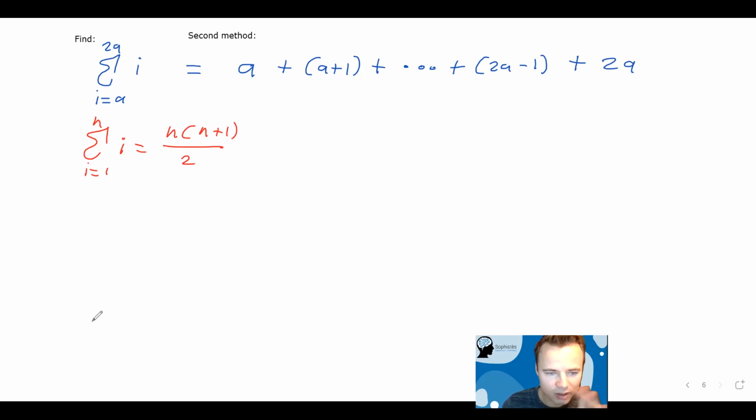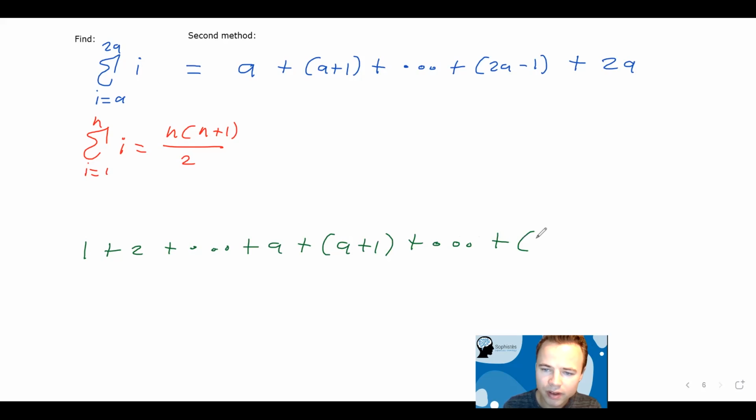So let me show you. What I could do is the following. I could make this green series, which is 1 plus 2 plus all the way up to a plus a plus 1, all the way up to 2a minus 1 plus 2a. And what I can do is subtract this orange series, which goes from 1 plus 2 all the way up to a minus 1.